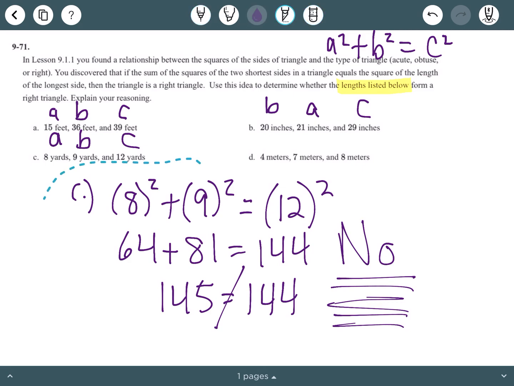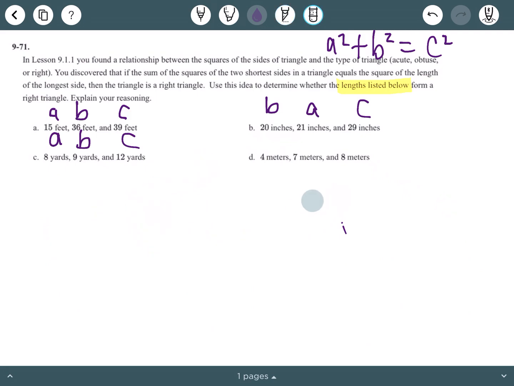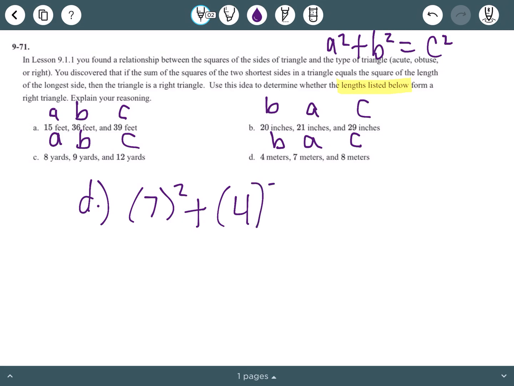Okay, and our final part for this problem, part D. They give us three side lengths: 4 meters, 7 meters, and 8 meters. 8 is my longest side, which means that is the hypotenuse, that is C. Let's call this B and A, just so you can see it doesn't matter which one is A and which one is B. Doing my a squared plus b squared equals c squared, I'm going to have 7 squared plus 4 squared equals 8 squared.